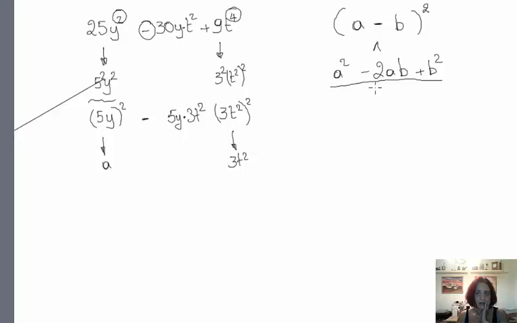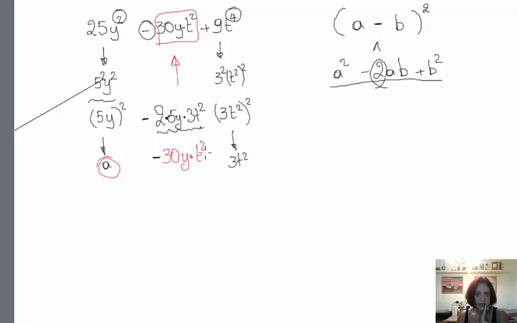The middle term right here has a 2, so we need to add the 2 here. And now we want to simplify this term and see if it agrees with the term that we have on the top, with the initial polynomial that we started with. So 2 times 5 is 10, times 3 is 30, y times t squared.